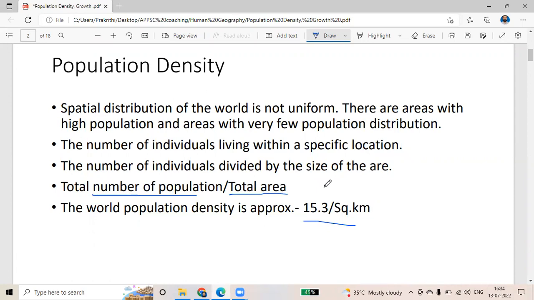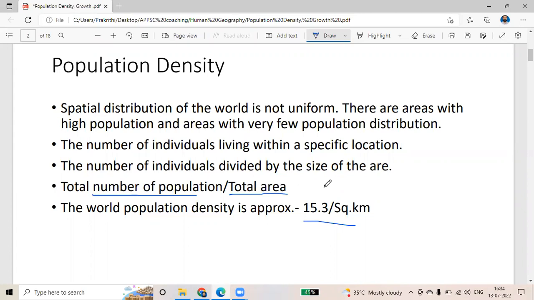But we can also go for the physical boundary, like Himalayan region. The population density of Himalayan region is high. To calculate that, we will take the population who are residing in the Himalayan region divided by total area of Himalayan region. Then we will get the output.